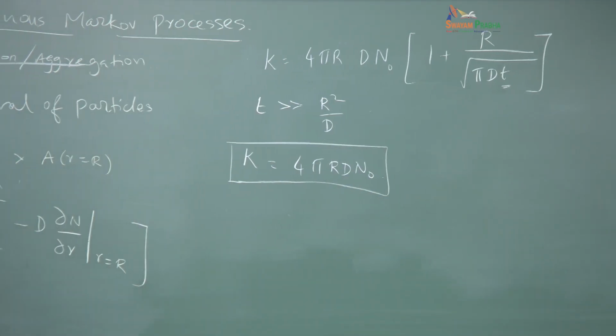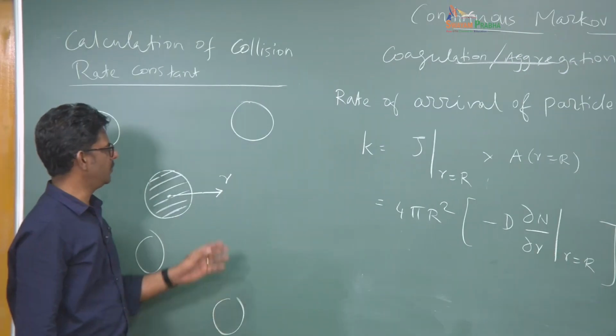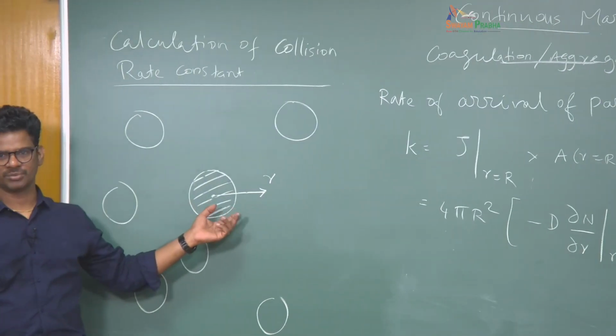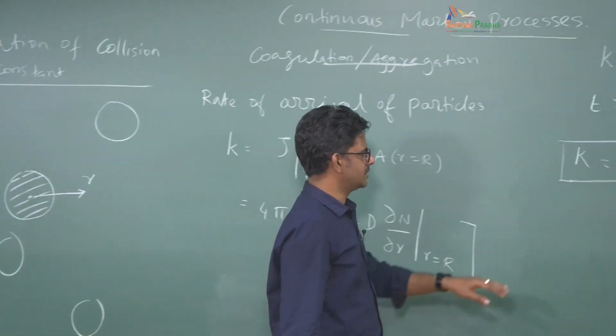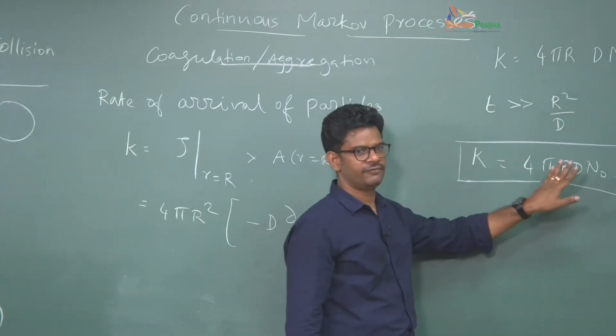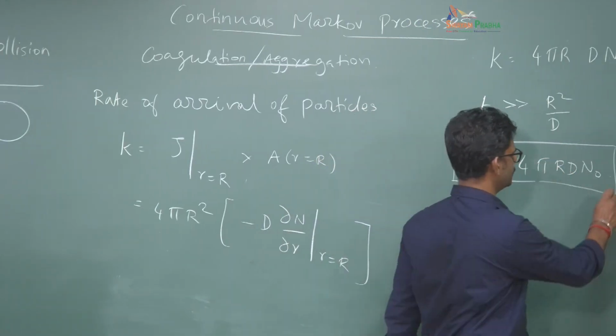So this would be the rate of collision between the neighboring particle onto a frozen particle. Okay. So, the rate constant is obtained only by diffusion here. Okay. So, this is purely by diffusion.